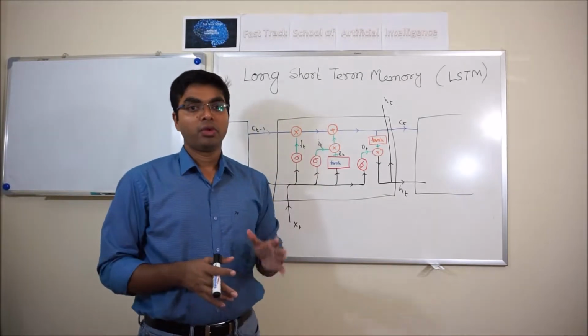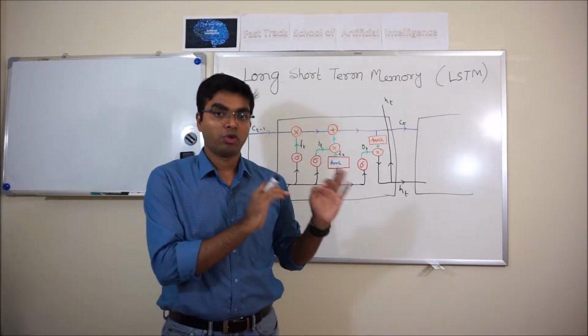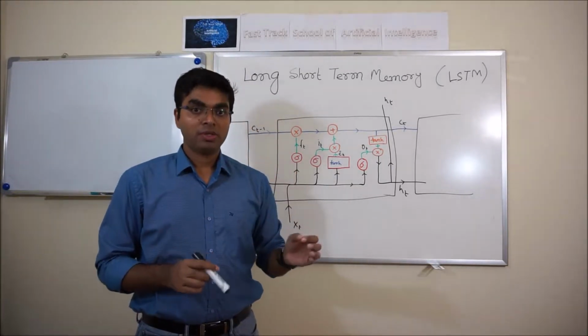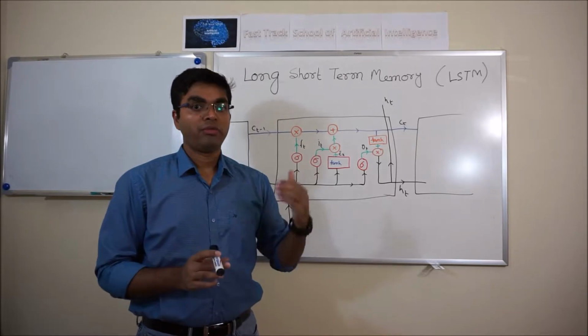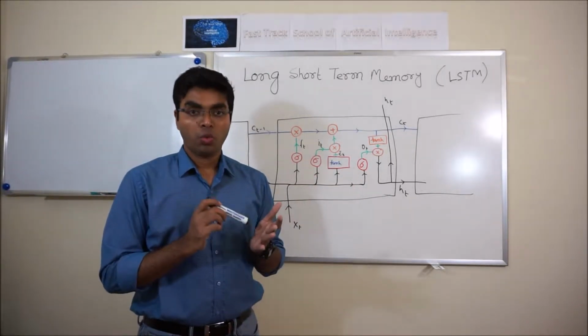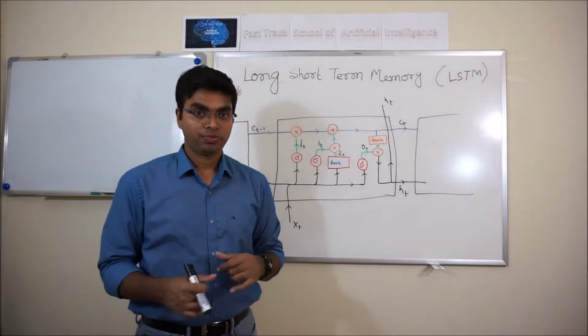The forget gate will produce some values between 0 and 1 for each piece of information. If the value is 0, that means the information is supposed to be forgotten at that point of time. If it is 1, that means it is supposed to be received in full.